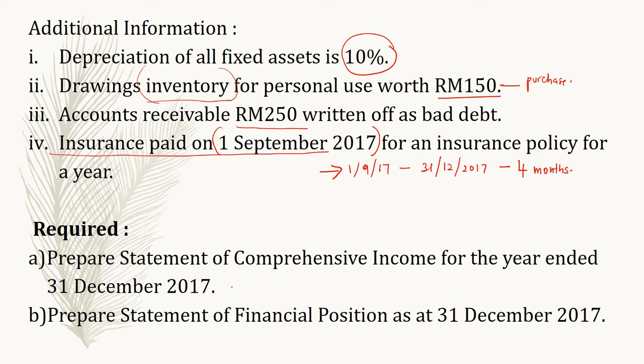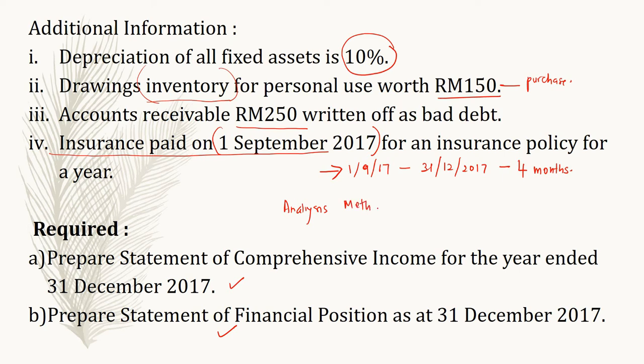So you need to prepare the statement of comprehensive income and financial position. As you can see in this question, you are given the balance for your assets and liabilities, and you are given the balance for your cash book as well. So we'll be using the analysis method.